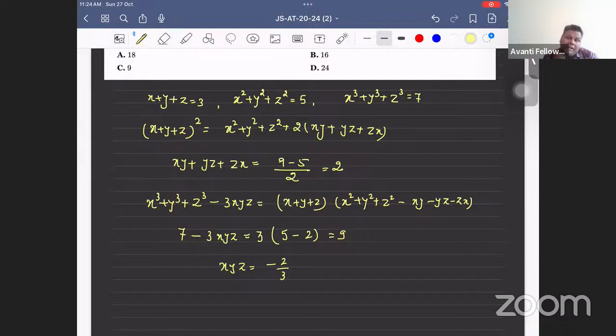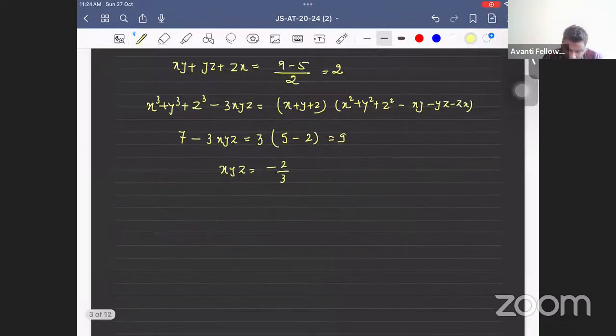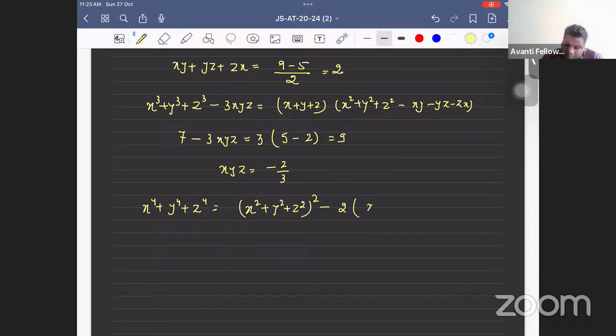Now we have to find out x power 4 plus y power 4 plus z power 4. Now this is what? This is (x square plus y square plus z square) whole square minus 2 times (xy square plus yz square plus zx square).